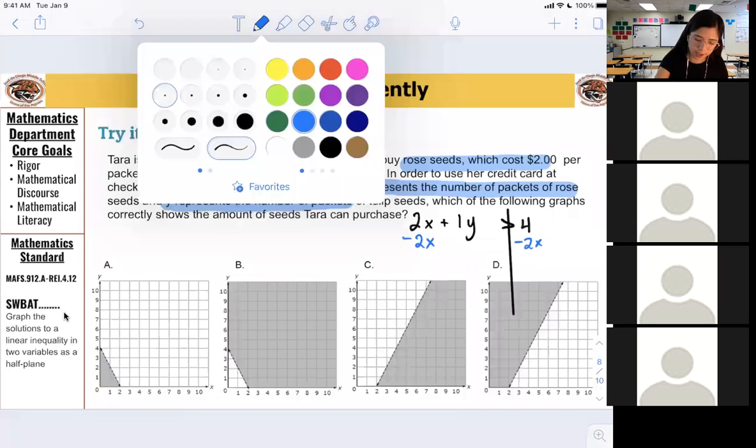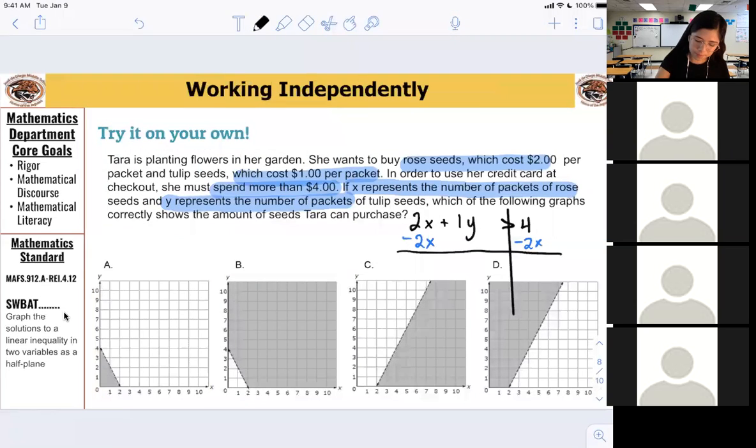What do I write on the right-hand side? What can I write on the right-hand side? 2. Well, can I combine those? Can I actually do 4 minus 2?